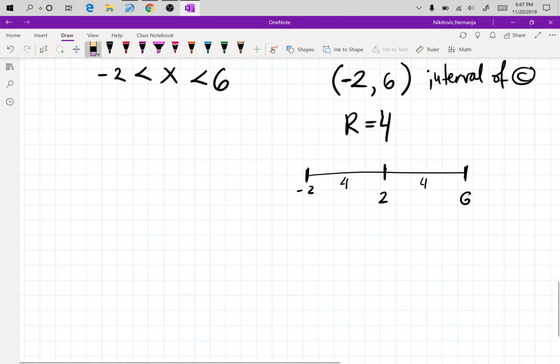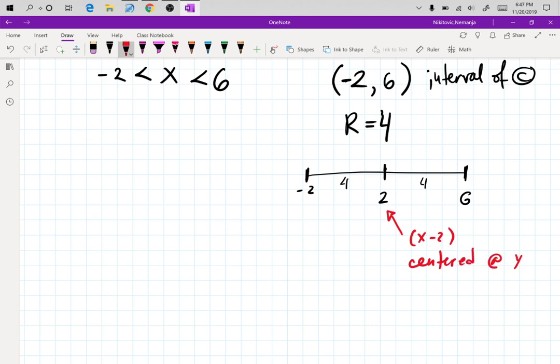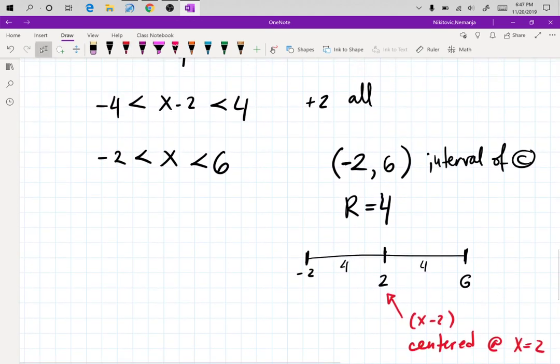So right now, over here, I'll just write in blood, x minus 2 centered at x equals 2. So you will remember that when you look at the notes again. All right, so what did we find for this problem? We found that if you pick an x anywhere between negative 2 and 6, you can pick pi, it's okay.